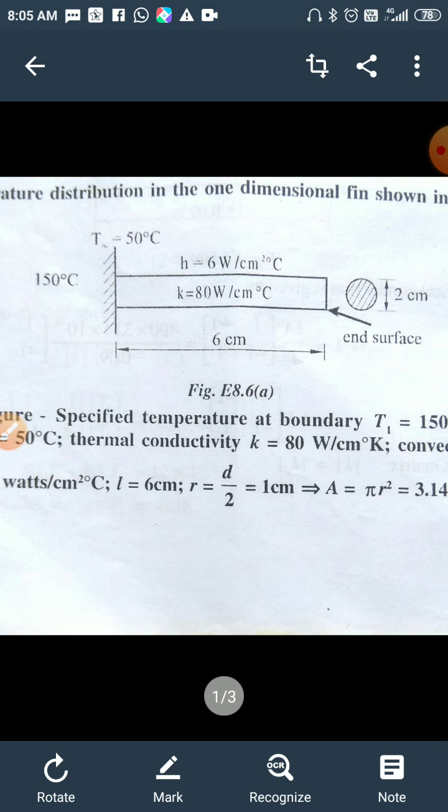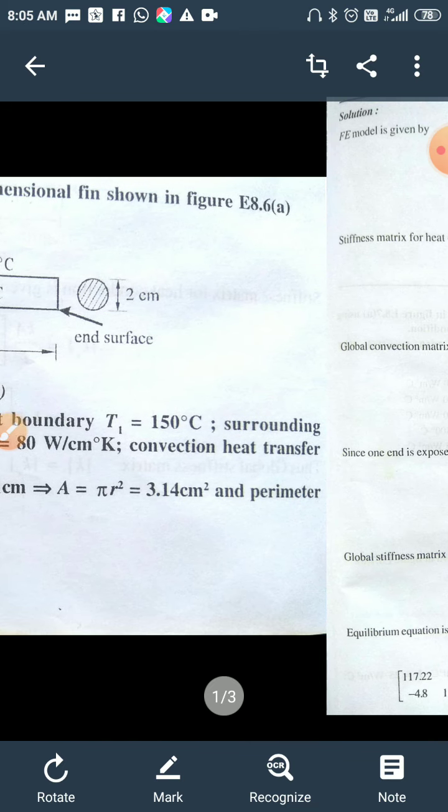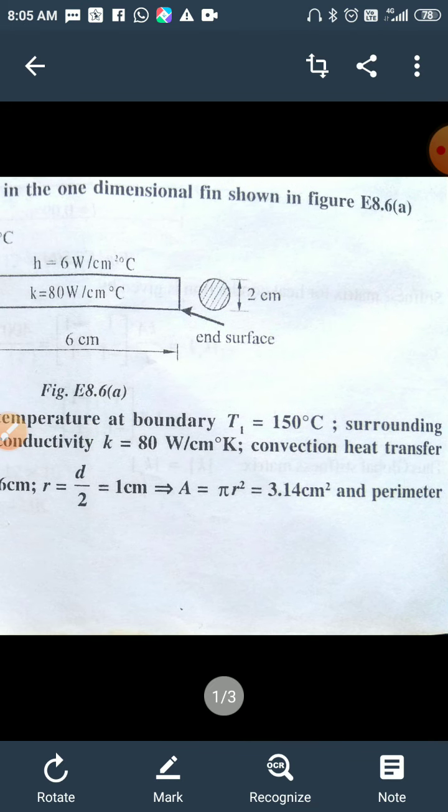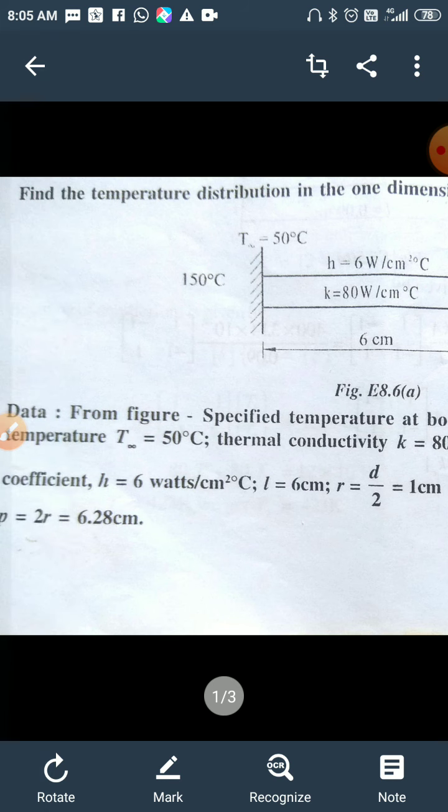First of all we must obtain the area as pi r square, which becomes 3.14 centimeter square. At the same time we calculate the perimeter of this circular rod, P is equal to 2 pi r, which becomes 6.28.